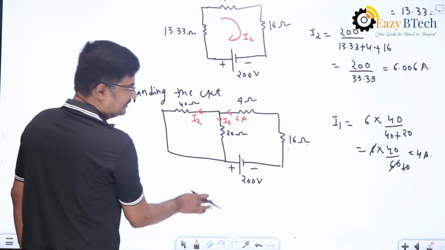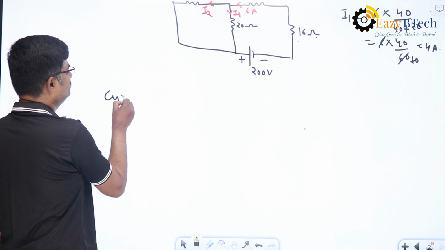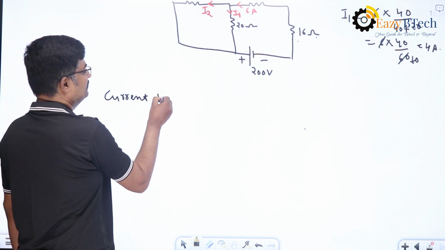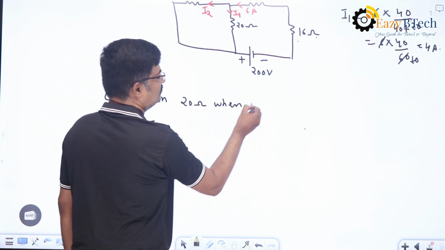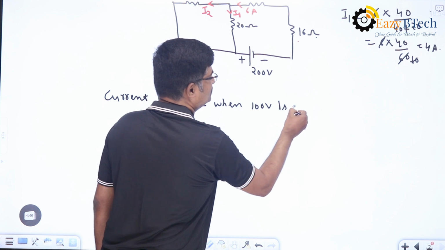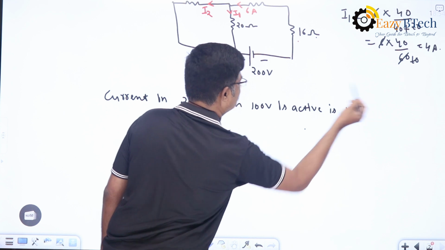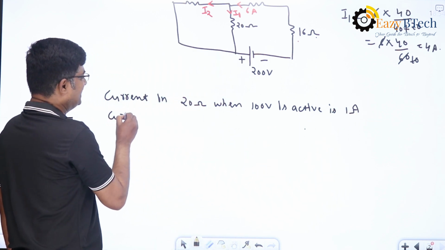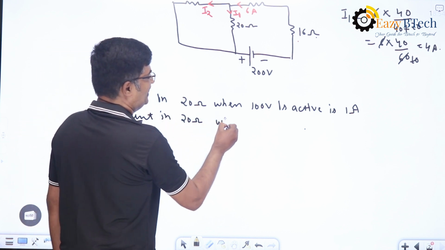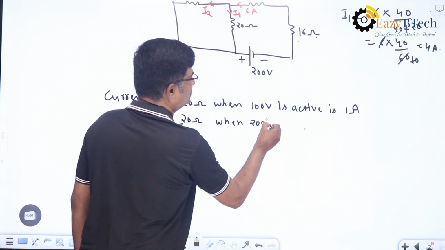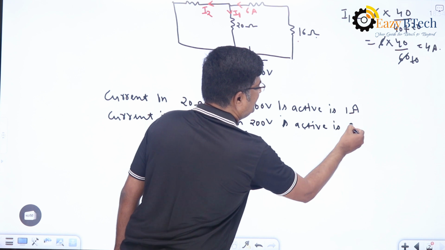Now here what is happening? I can say here, current in 20 ohms when 100 volts is active is 1 ampere. Next, current in 20 ohm when 200 volts is active is 3 amperes.